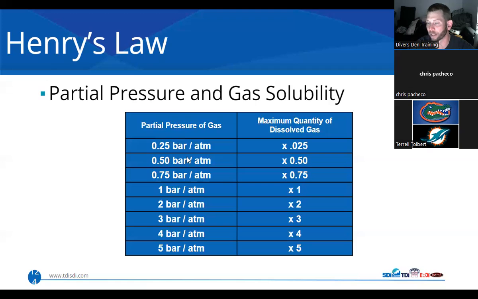And in diving, the ambient pressure that the gas is exposed to is the gas in the lungs. The pressure of the gas in the lungs is regulated by your second stage regulator, which is regulated by the pressure of the water around you, or the air when you get out of the water.